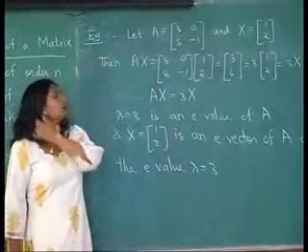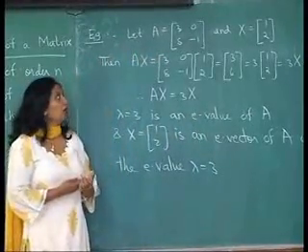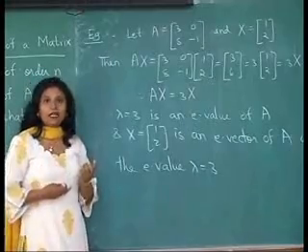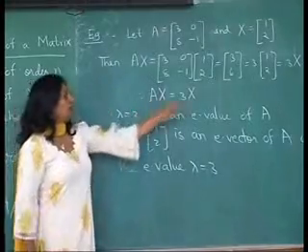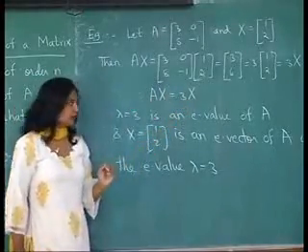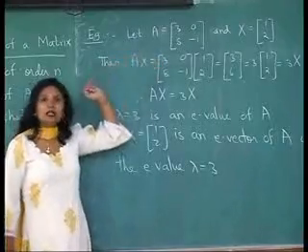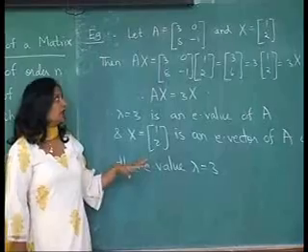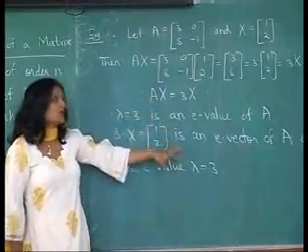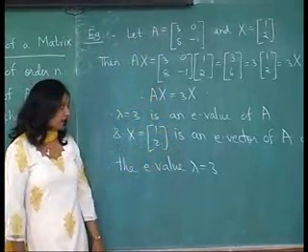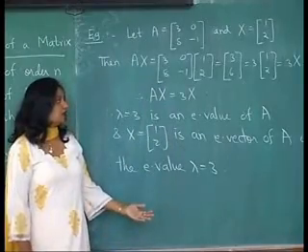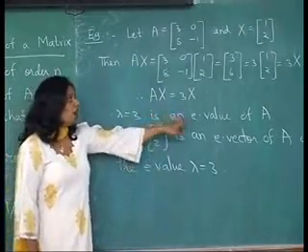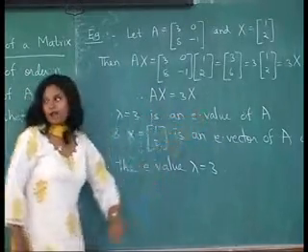Surely this is not the correct approach where we try out all possible vectors, see for which vector this kind of an equation is satisfied, because there will be infinitely many such vectors. So we need a proper method to find the eigenvalues and the eigenvectors of a matrix. Let us first see how to go about finding all possible eigenvalues of a matrix.